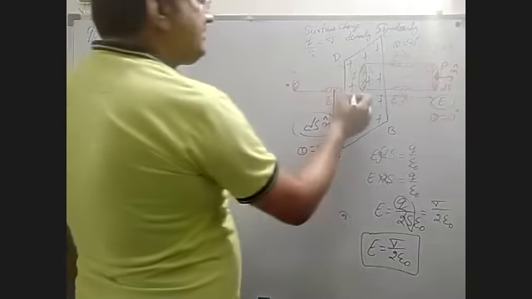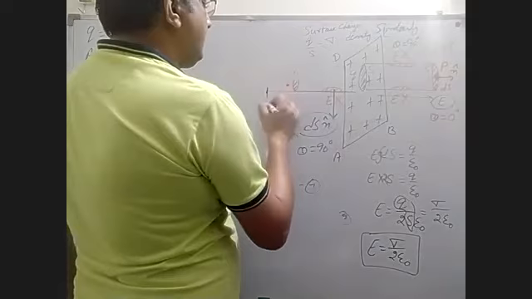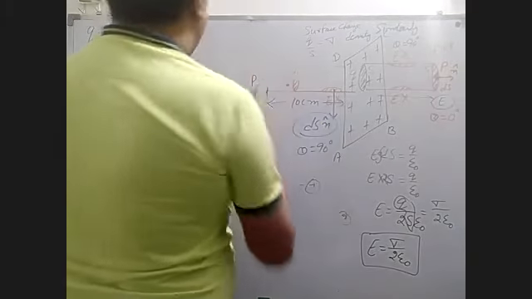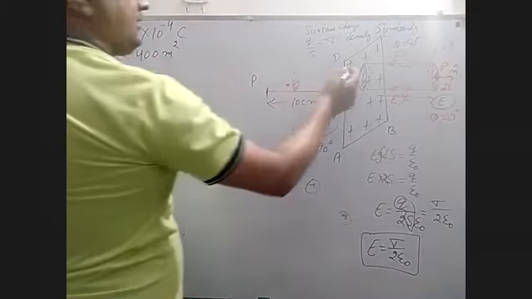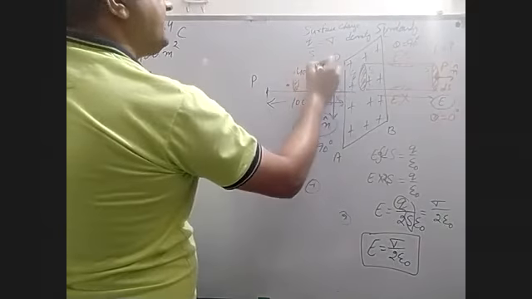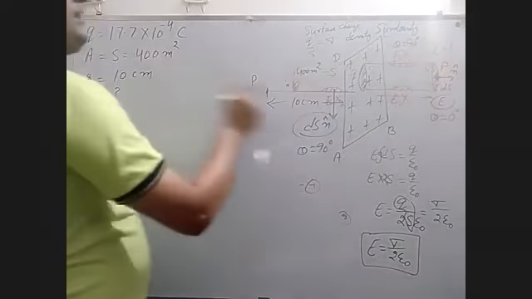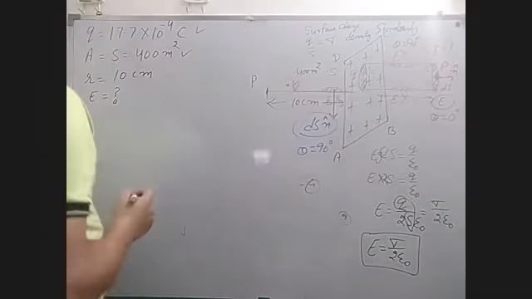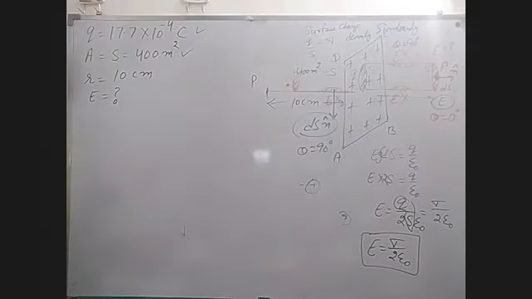This is a sheet. 10 centimeters away we have a point P, and this area S is given, 400 meters square, and the value of charge on it is 17.7 into 10 raised to the power minus 4 coulomb. Now, how can you calculate the electric field intensity at 10 centimeters away from that sheet?